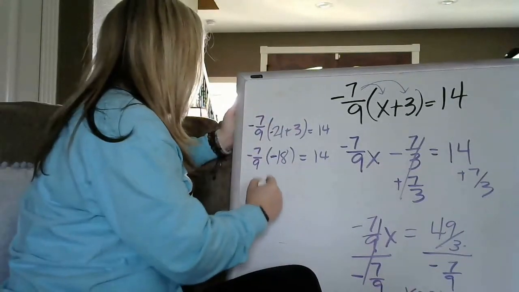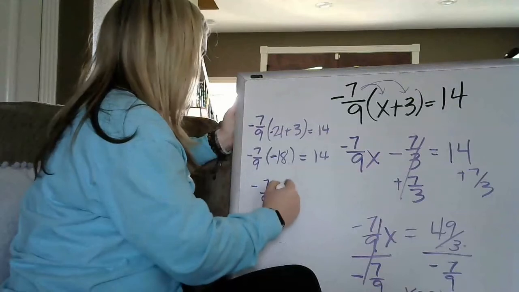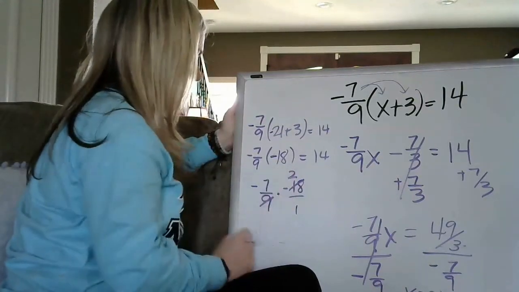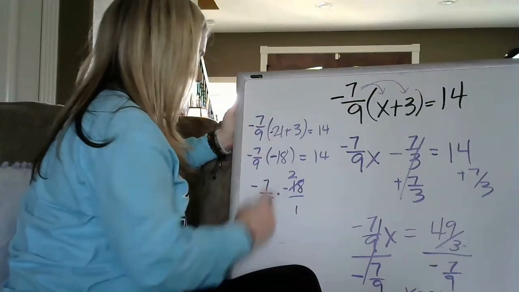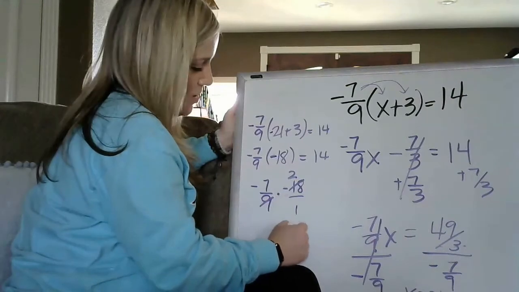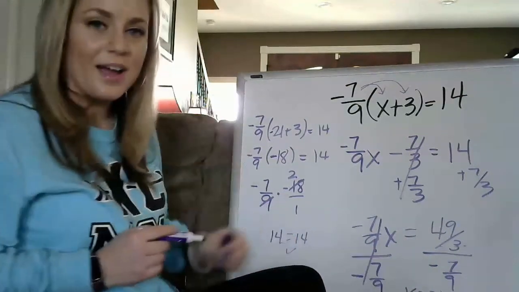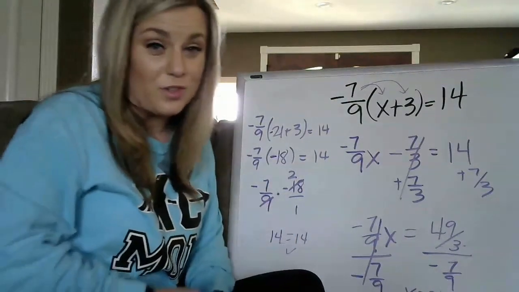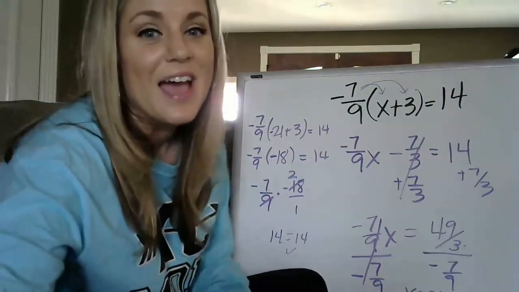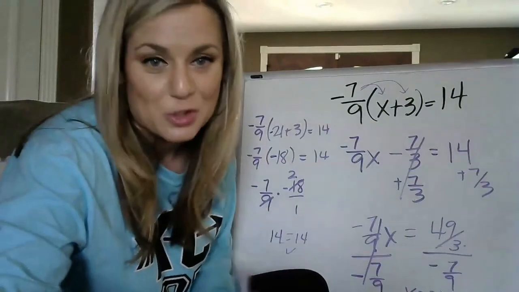So we have negative 7/9 times negative 18 over 1. This can cross reduce, and we have negative 7 times negative 2, which is positive 14. So that does equal. All right, guys. Sorry that was confusing. You may want to rewind it and watch again or ask me some questions if you have them. I promise I'll try to make the quizzes super easy.